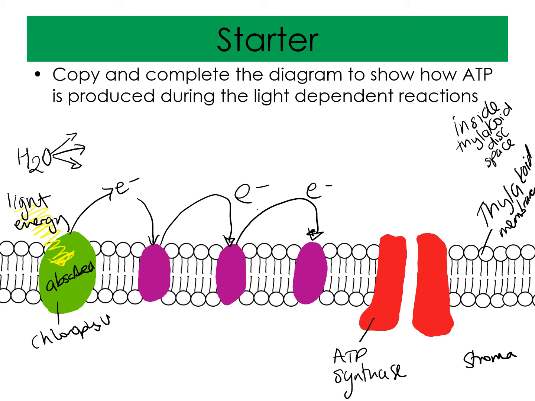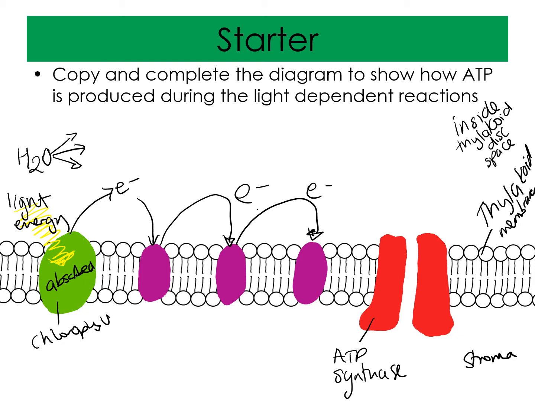This causes the electron to be excited and raised to a higher energy level. So that isn't represented in this diagram. What's represented is what happens as a consequence, which is that the electrons are lost from the chlorophyll, and you may have called that an oxidation.